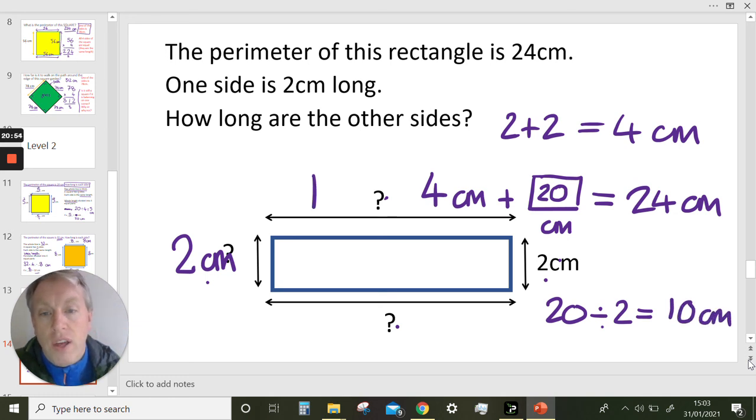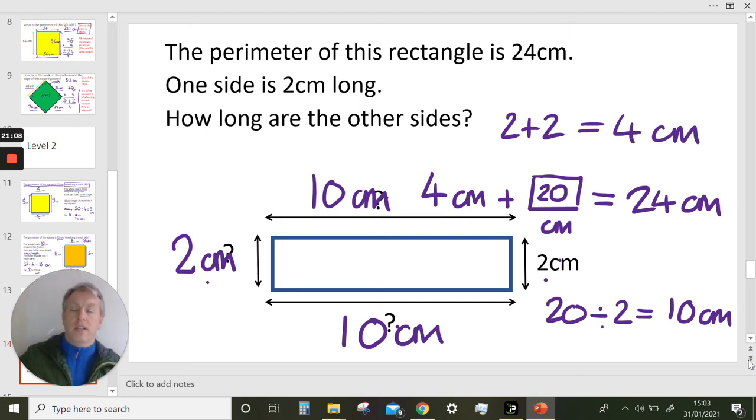So how long are the other sides? To answer the question, well done. The short sides are 2 centimetres, the long sides are 10 centimetres.